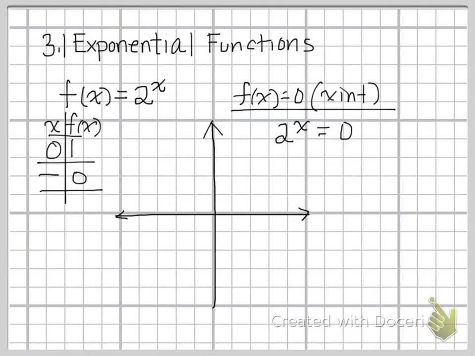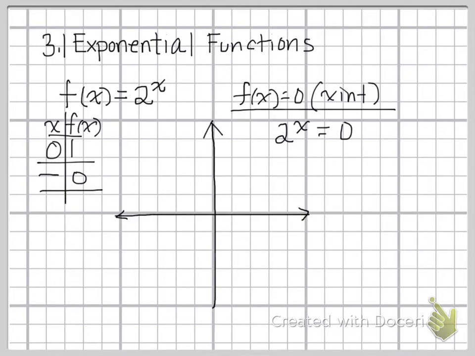All right, now recall in other work with functions that there's always some key point that we're looking for. We've talked about parabolas and how we're looking for the vertex. And recently, we've talked about rational functions and how we are looking for the asymptotes to be able to graph the rational function.